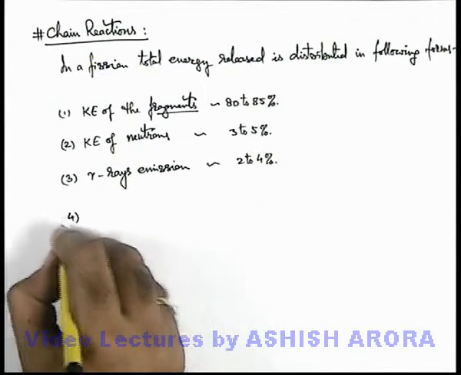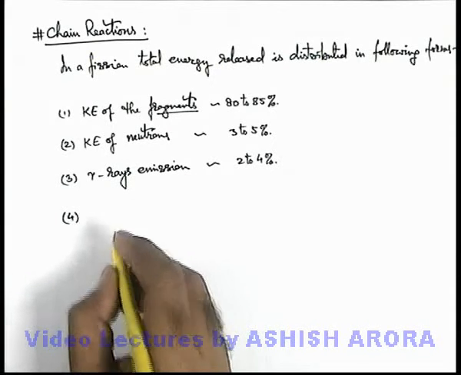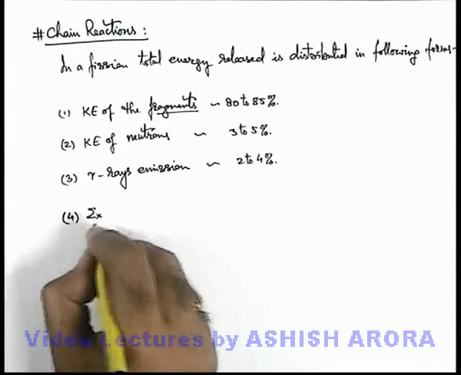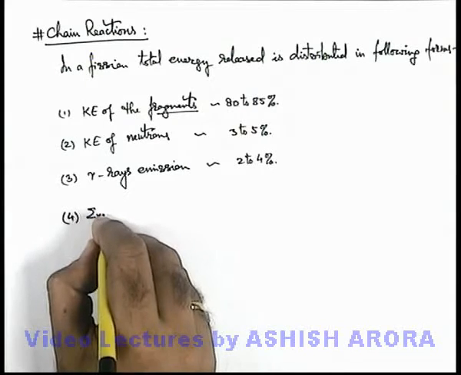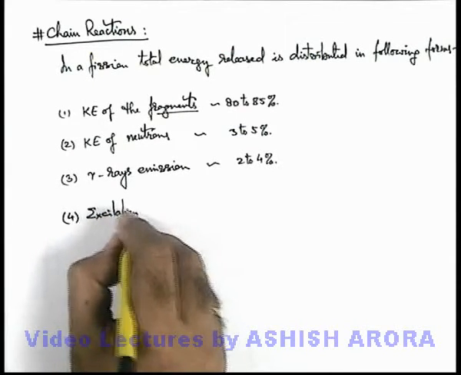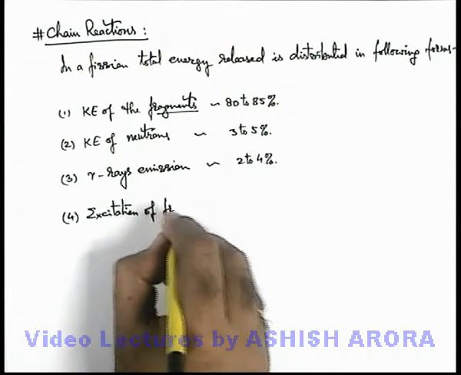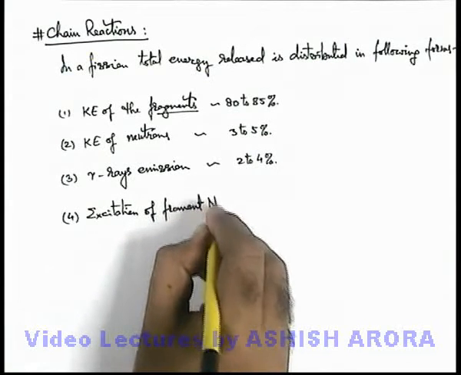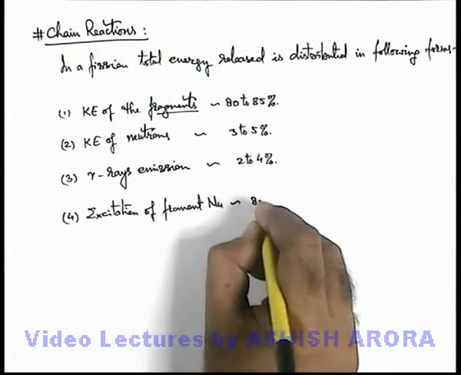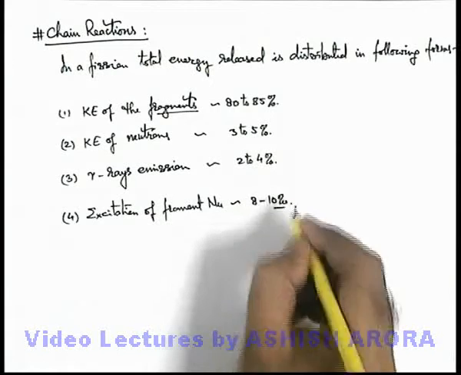So these also absorb some energy for their excitation. So we can write, some energy is taken up in the form of excitation of fragment nuclei, which is approximately 8 to 10%, quite significant.